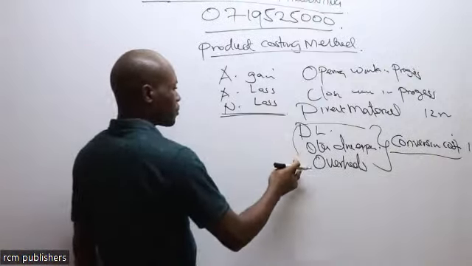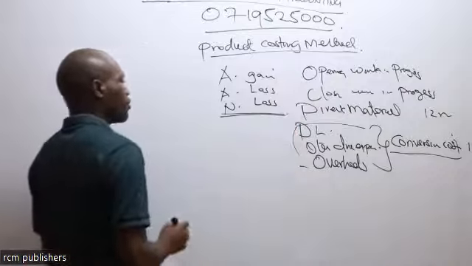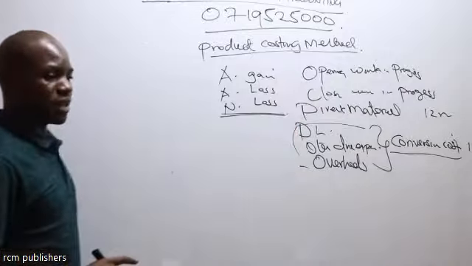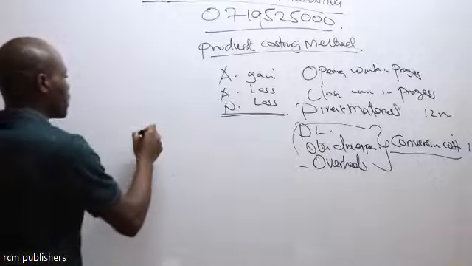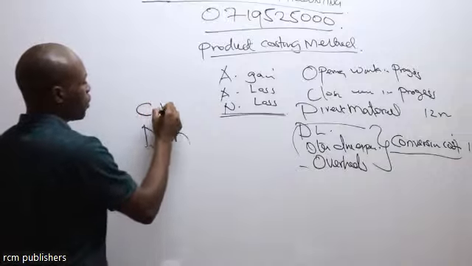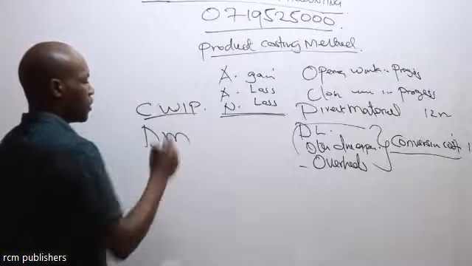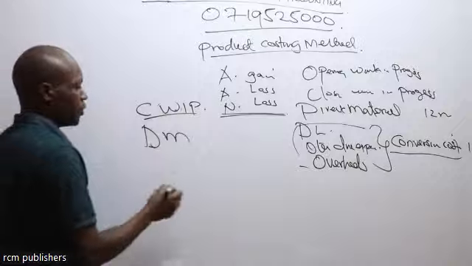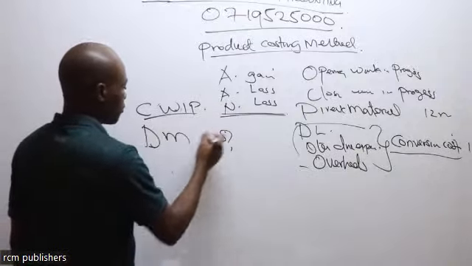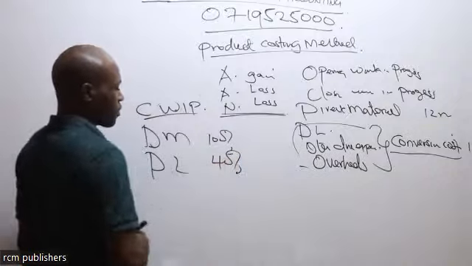Once that is done, remember the opening work in progress and the closing work in progress will give us what we now call the percentage. Imagine you are being told that direct material in closing work in progress is 100% complete, but direct labor is 40% complete.